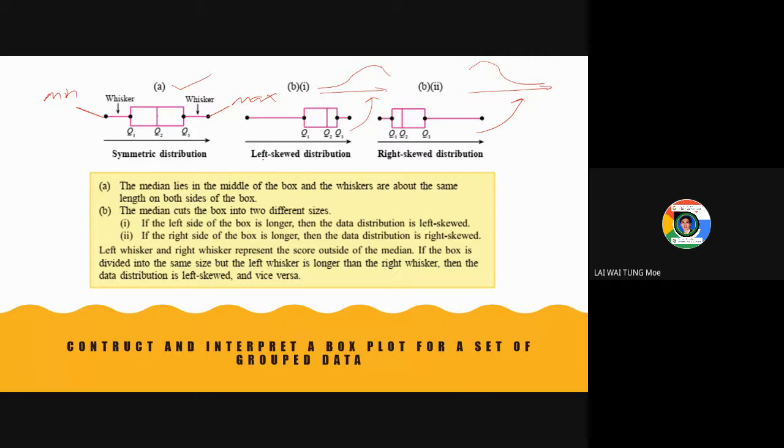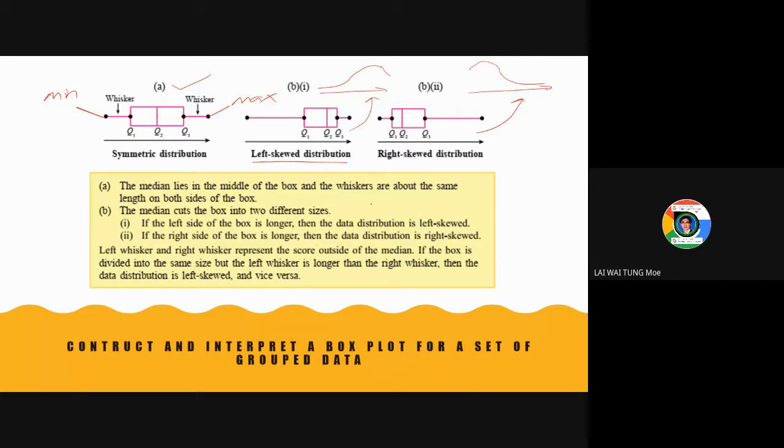So we call this a left skewed distribution. The same thing goes for this one, but opposite. If the right hand side of the box is longer, then we can say this distribution is right skewed.